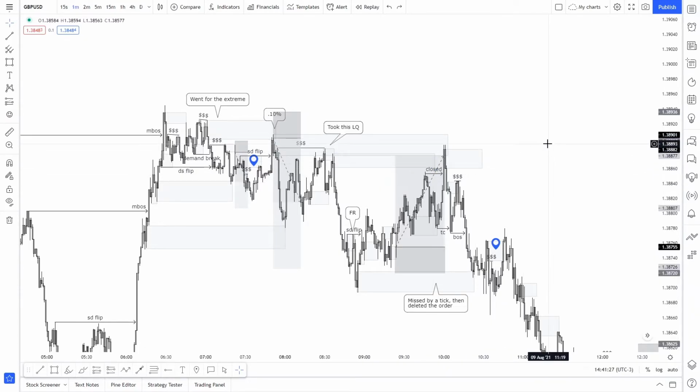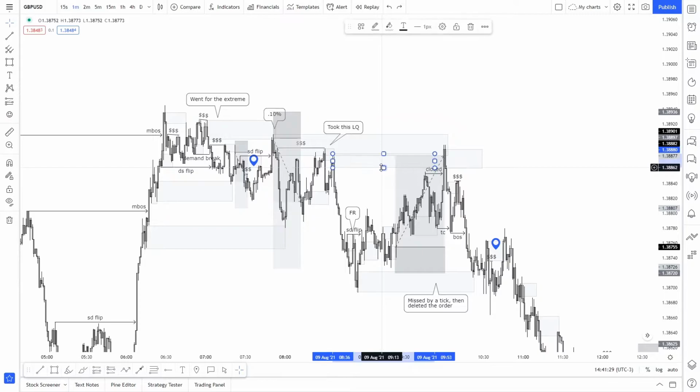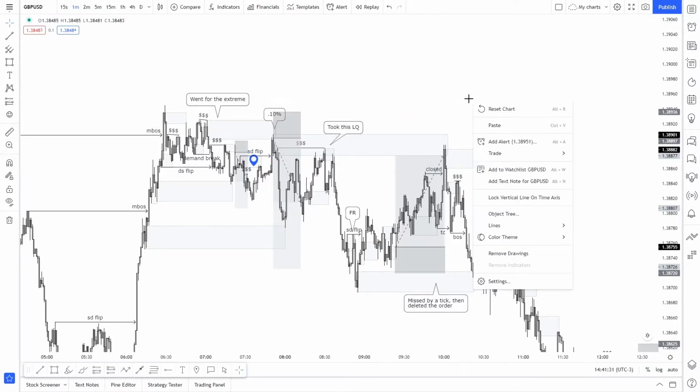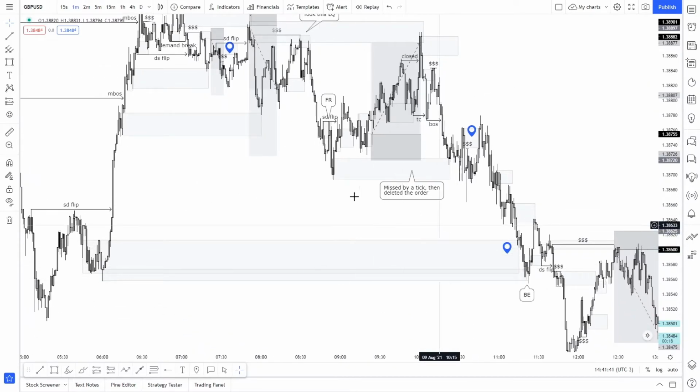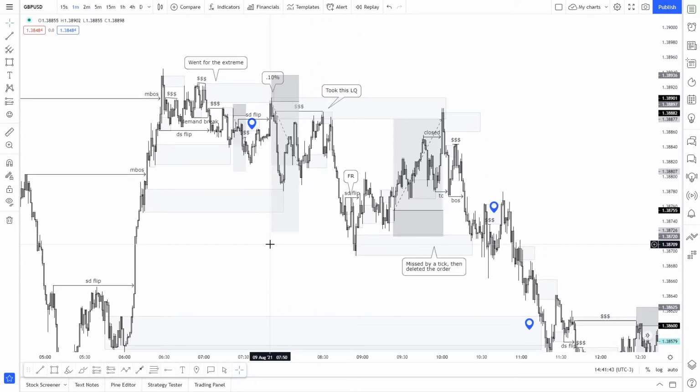And that would have been a much better way to deal with this situation. I'm not saying that you trade it right there. Maybe you do. Maybe you decide to take the risk for it, right? As I took the risk for this extreme area, that in my opinion had good confluences to go for it, and same with this one.